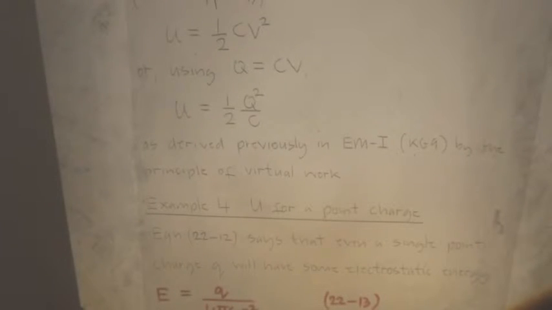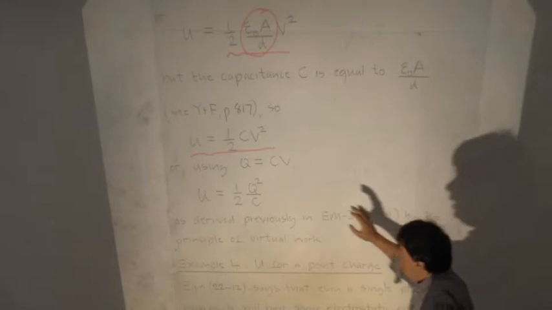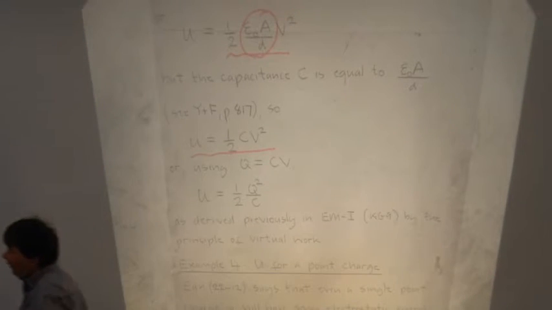And once you've got that expression, I've included that to be thorough, then in this expression here, where we've got the total energy, we can identify this with C, and so of course U is a half CV squared. And of course you knew that result from the outset, but this shows you how to obtain that result using this formula.